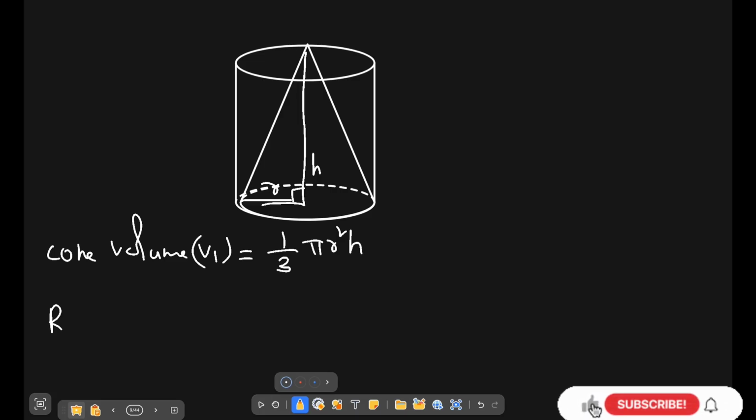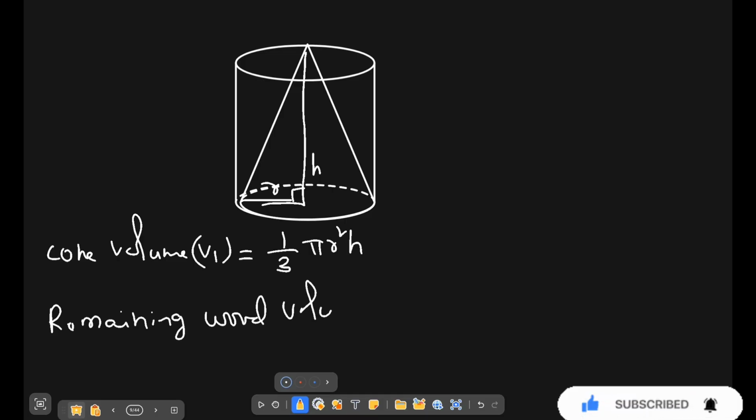Now the remaining wood volume after cutting will be nothing but cylinder volume minus cone volume. Cylinder volume is pi r square h. Cone volume is 1 by 3 pi r square h.